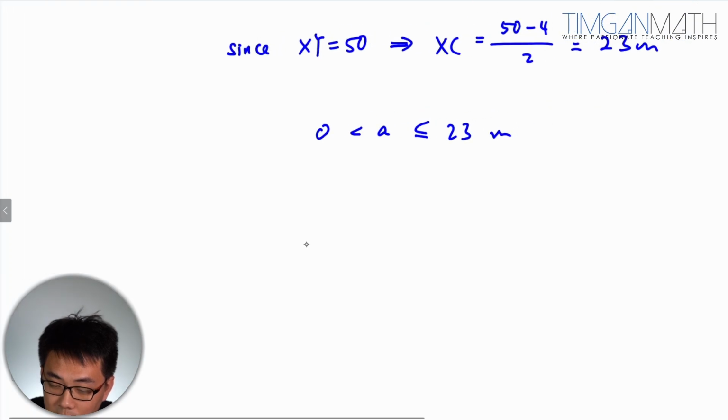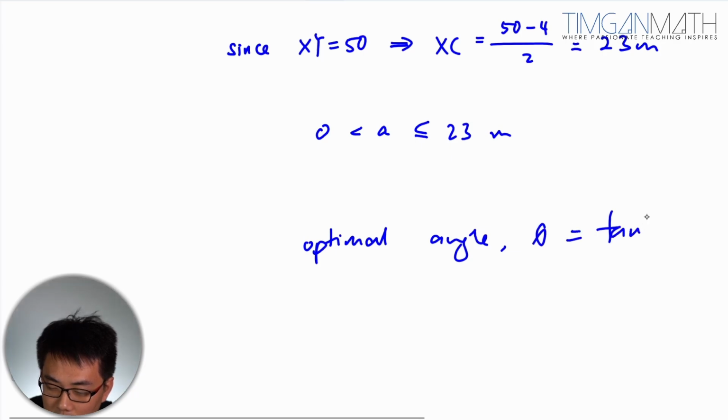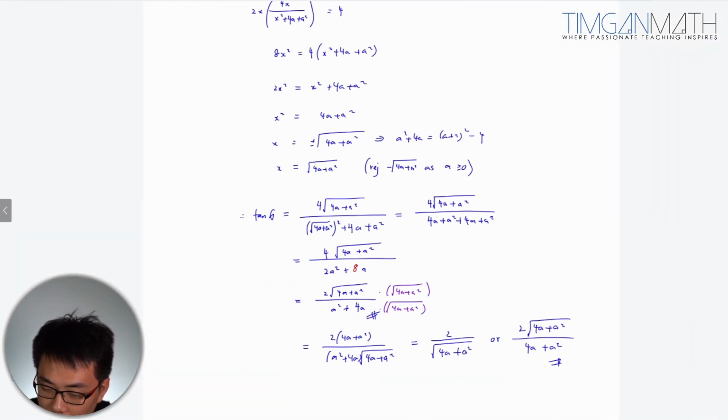So the optimal angle theta is just tangent inverse. You can use either one, so I'm going to use maybe this, which is easier.